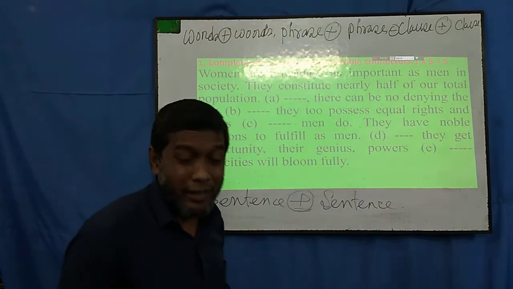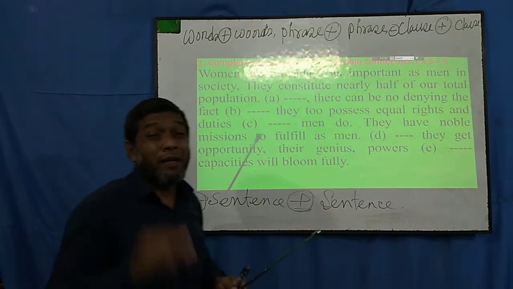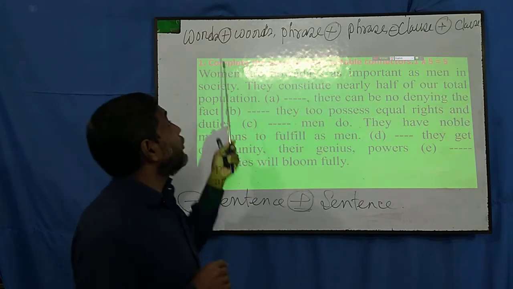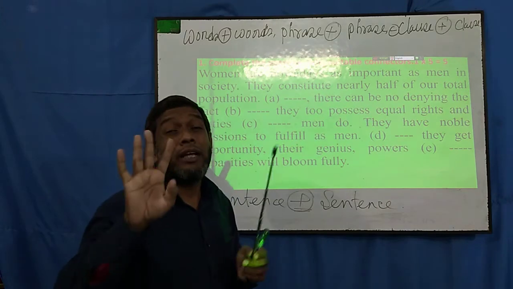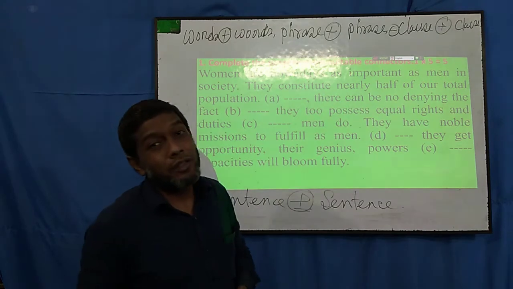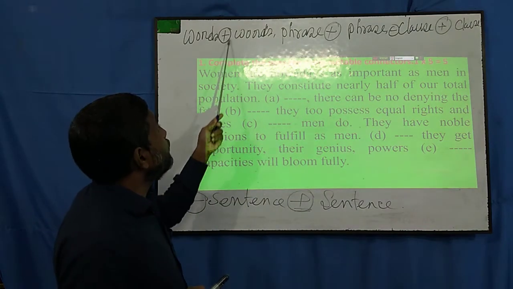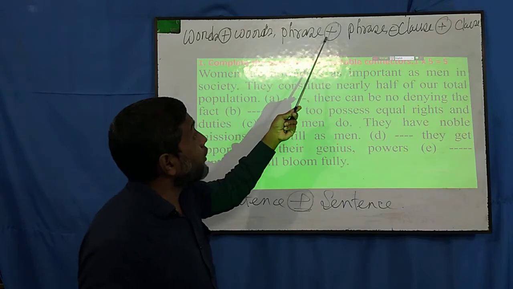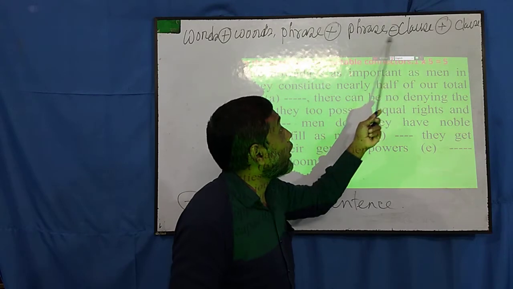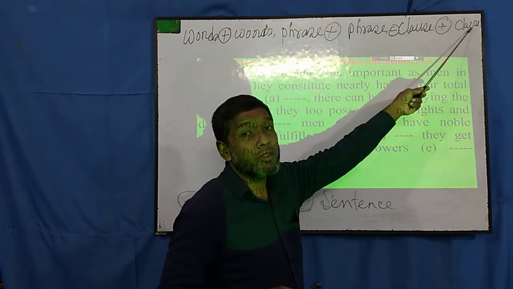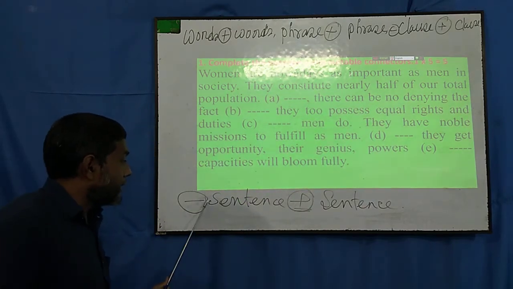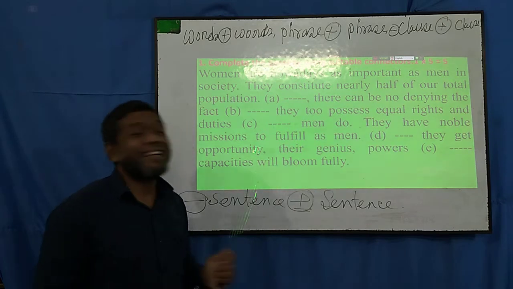Dear students, if you can remember, how many places of sentence connectors are there in a sentence? If you count, you will get totally only 6 positions in a sentence where connectors may be used. It's very easy: between two words, between two phrases or idioms, between two clauses, or before a clause to show relation with that clause, and between two sentences or before a sentence to show the relation with the other sentence.